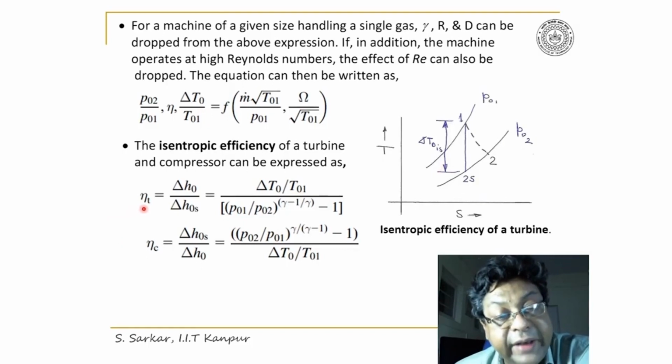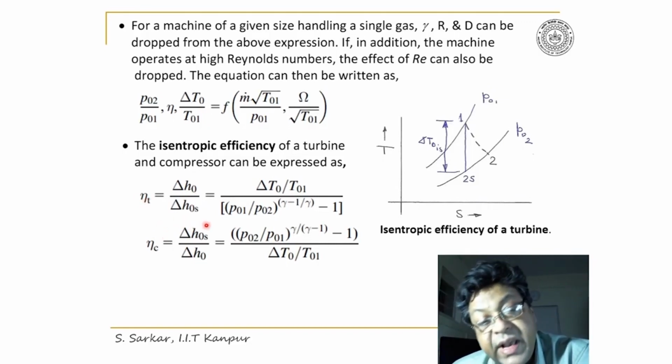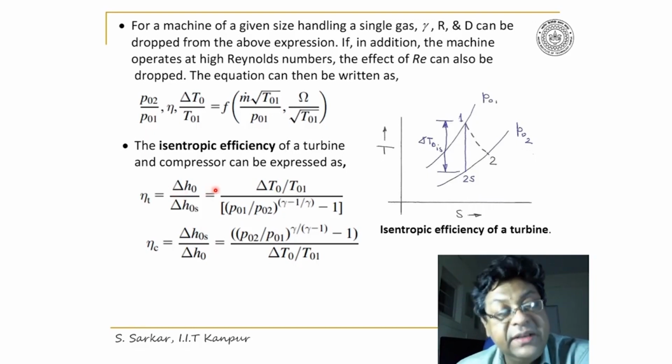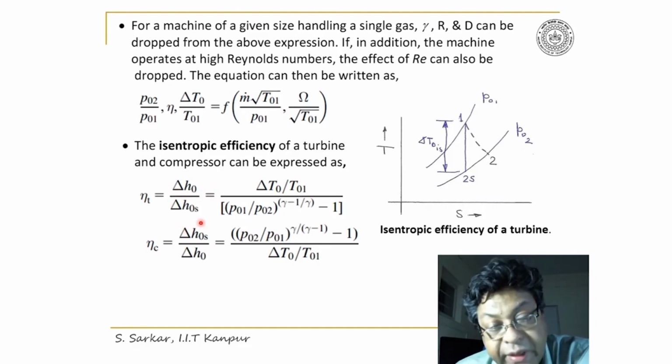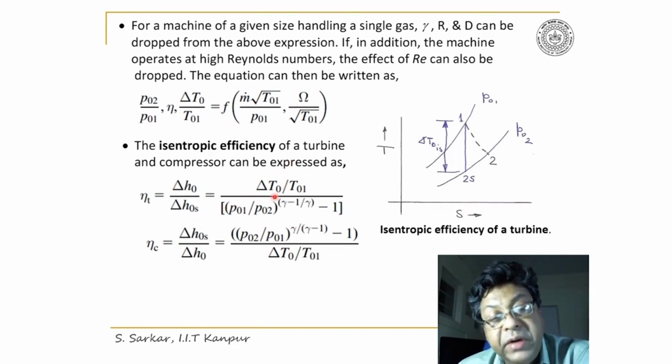So eta T, the isentropic efficiency for a turbine, can be expressed as delta h0 divided by delta h0s, actual enthalpy change divided by isentropic enthalpy change, which can be expressed as a ratio of del T0 by T01 divided by P01 by P02 to the power gamma minus 1 by gamma, minus 1.